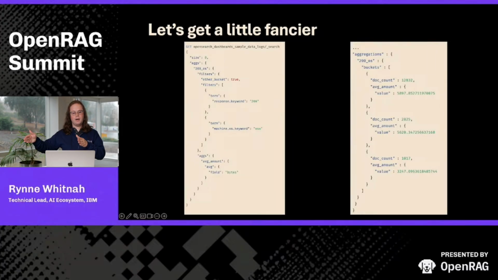And then for each of those buckets, I want to know the value of how large the response was and average that, right? So you can start doing multiple levels of this aggregation and see how they compound on each other. And you can combine it with filters. You can combine it with other things in order to get really rich responses back from your data.